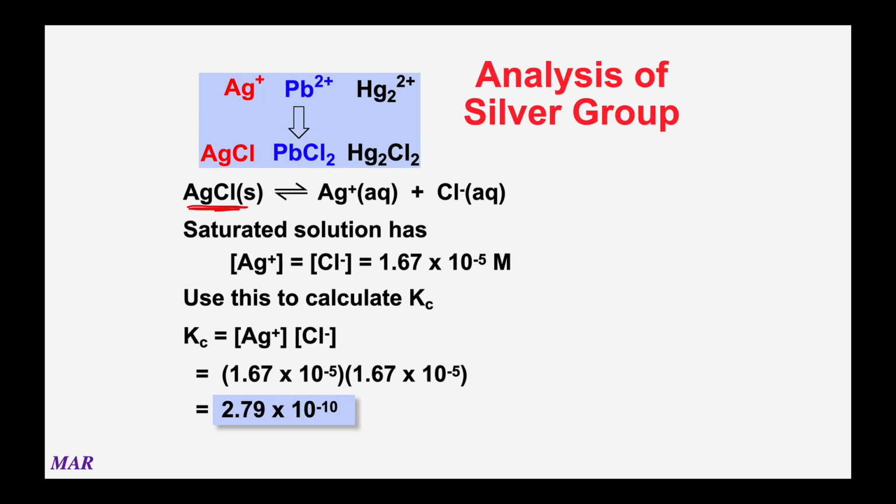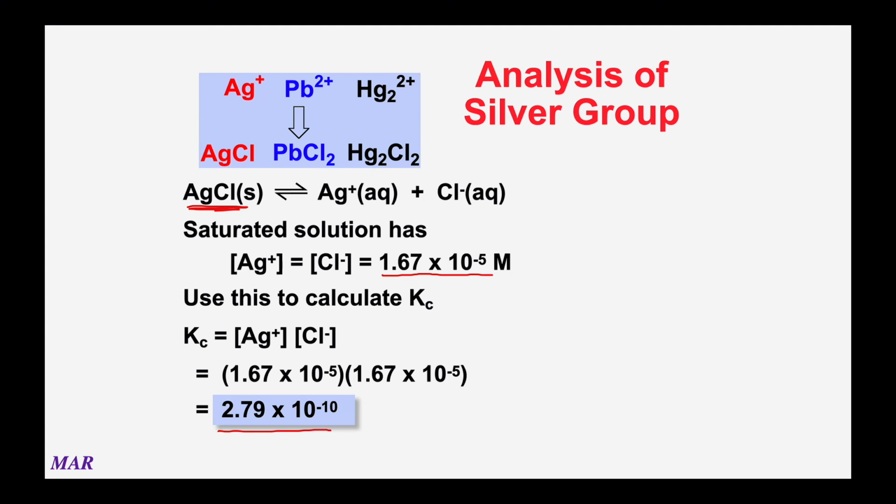And I would argue that PbCl2 and Hg2Cl2 both have really small Kc's as well. The numbers will be small because the solids form so easily. So notice here that the solubility is this number, 1.67 times 10 to the minus 5. The K value, the equilibrium constant, 2.79 times 10 to the minus 10th.